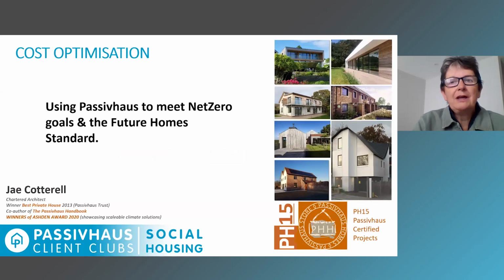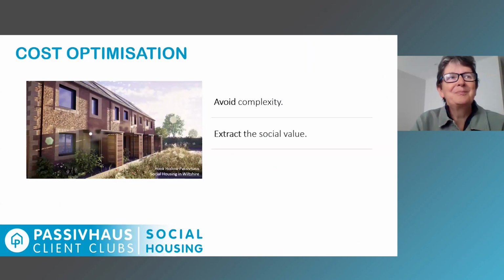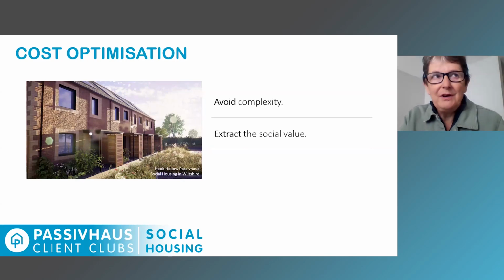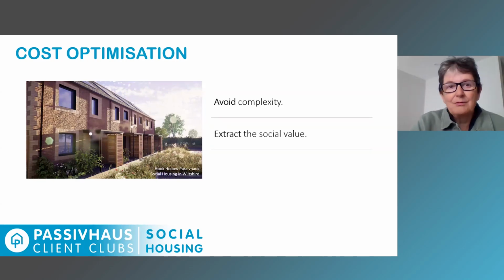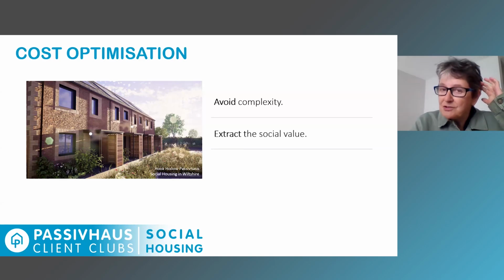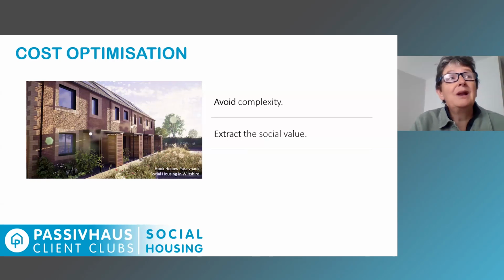I'm going to dive straight in because of the limitation on time. So we've heard some interesting factors already in those last two talks, but for cost optimization, which I'm extremely interested in, we have to avoid complexity, of course. And then with Passive House, taking the Passive House route towards low carbon housing, we need to extract the social value.